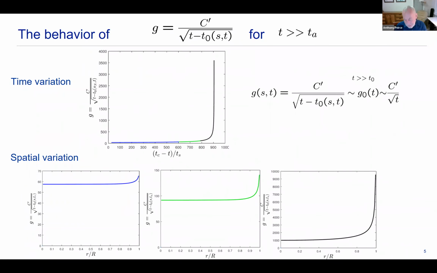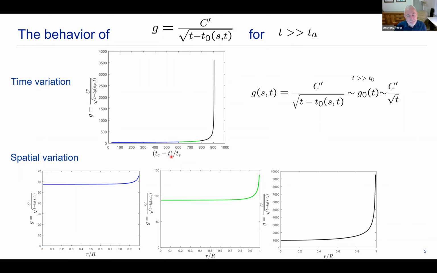I just wanted to talk a little more about the behavior of G, because this is fundamental to our analysis. In this top plot, I've plotted the leak-off coefficient for the propagation after shut-in, the arrest phase, when the fracture is stationary and deflating, and then when it's receding.